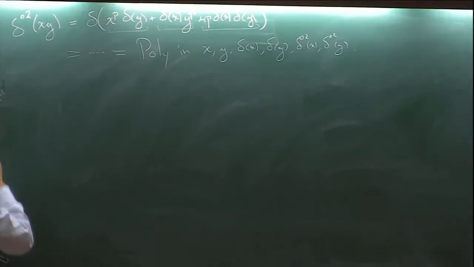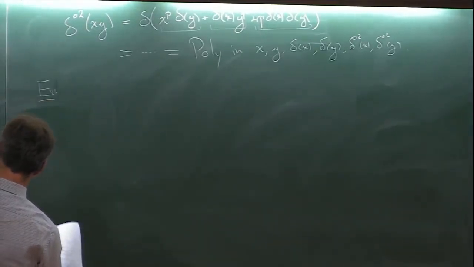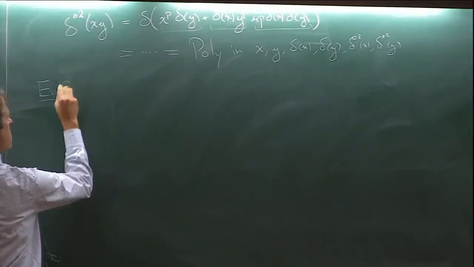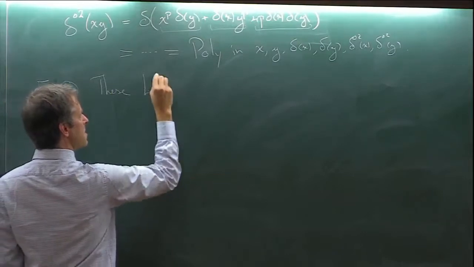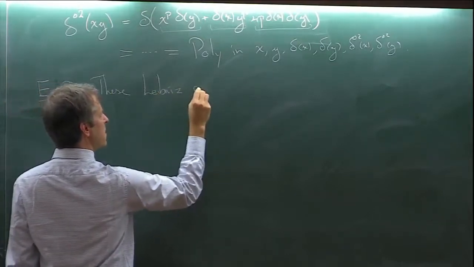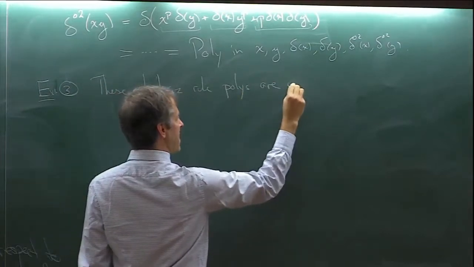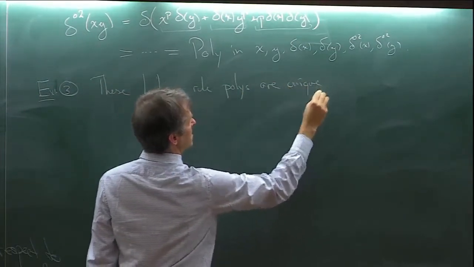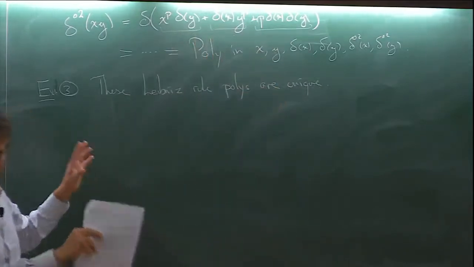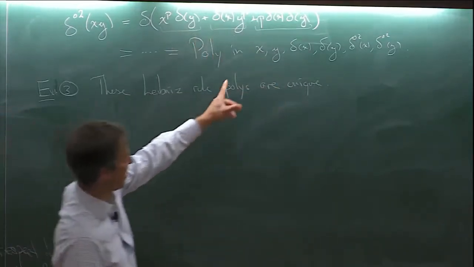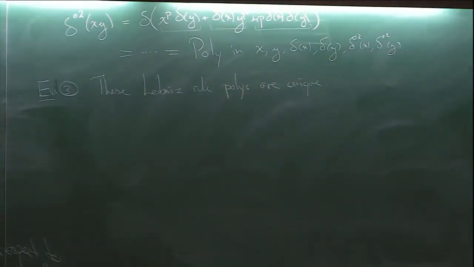What exercise am I up to? Can't remember. 3. These Leibniz rule polynomials are in fact unique. Somebody else might choose to break this down in a different tree, but at the end of the day, you'll get the same polynomial in these 6 indeterminates.